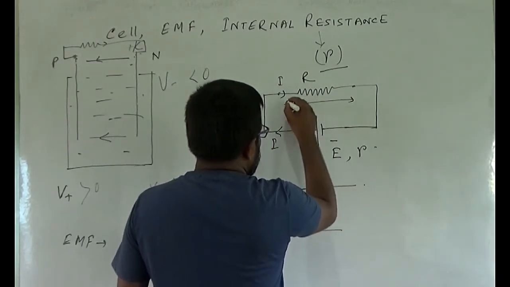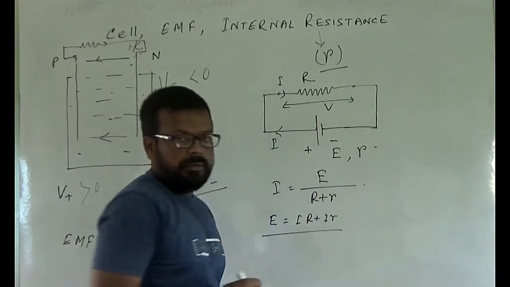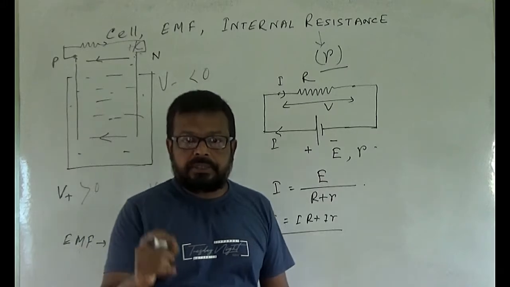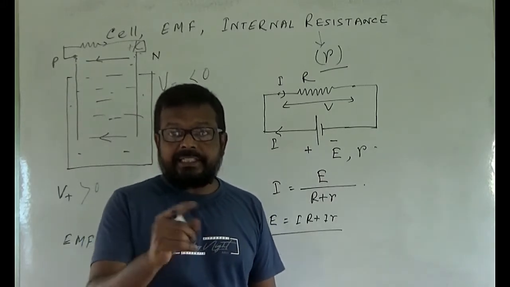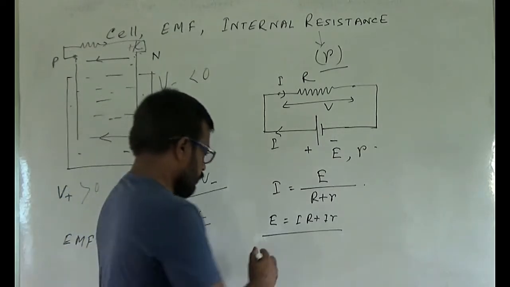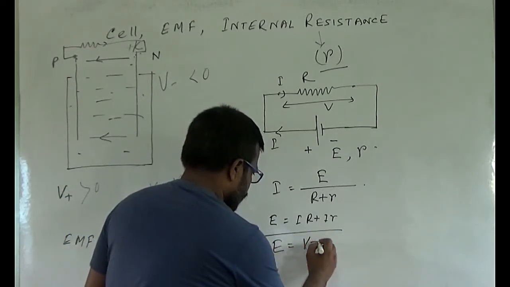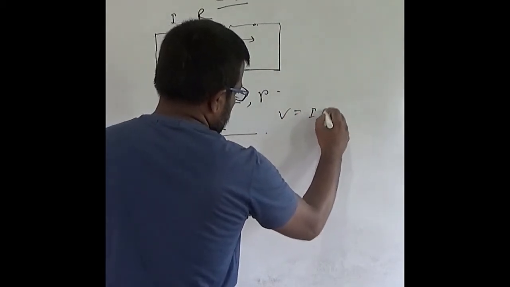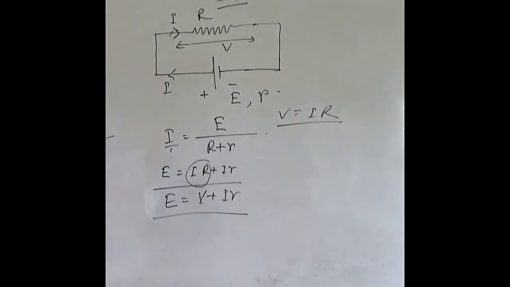Then you can say IR is the V, which is the potential difference of the resistance, and that is also the potential difference of the cell. You can say V equals IR, which is the potential difference across the resistance, and that is also the potential difference across the cell.